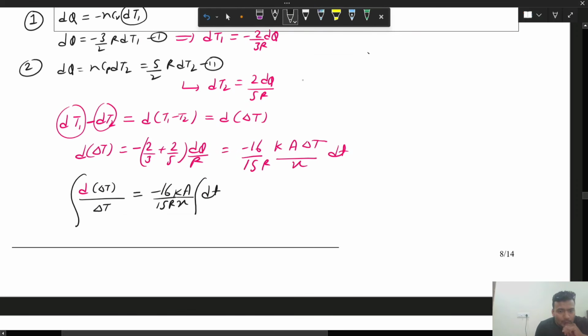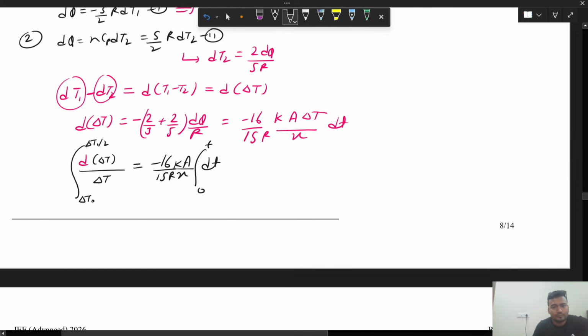Okay. Now at t equal to 0, this delta T was delta T naught. Now at any later time it should become delta T naught by 2, right? So it will be ln, and in the ln my upper value is smaller than the lower value. So if I do it like this, taking the negative outside, it will be delta T naught, I mean, upper minus lower, or minus upper you can do.